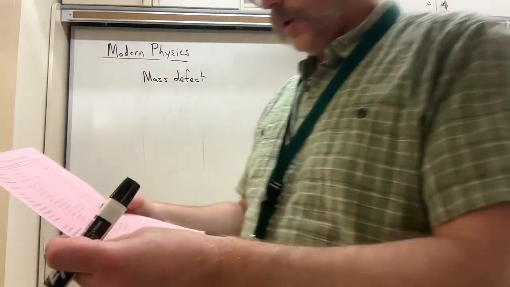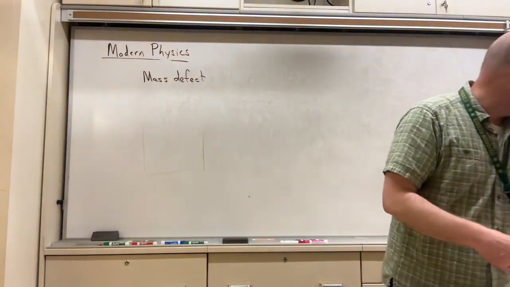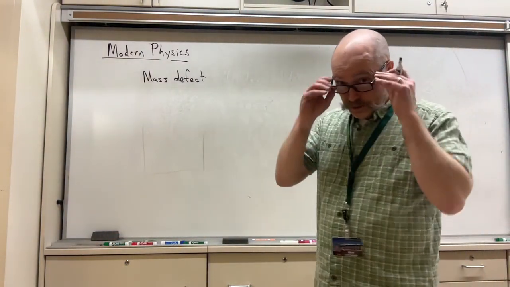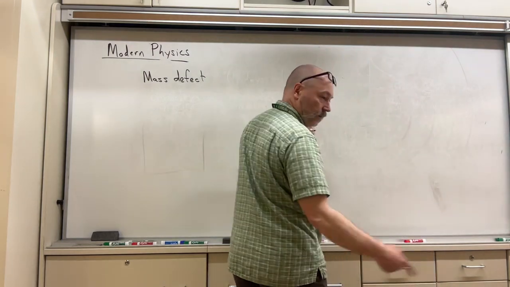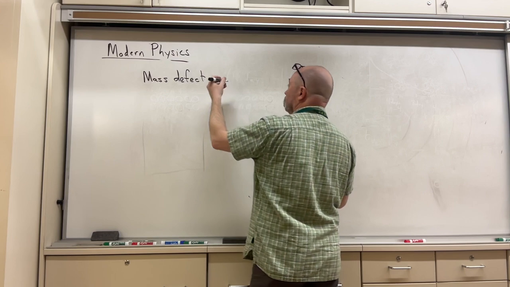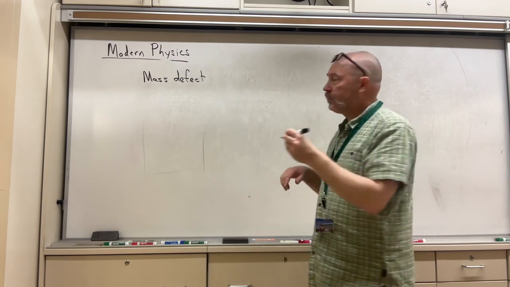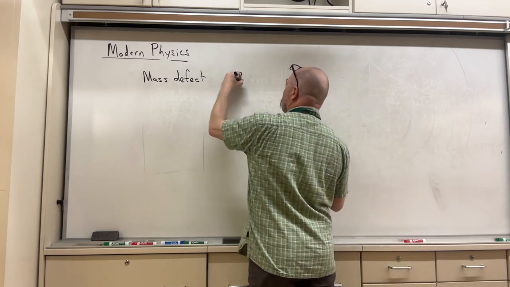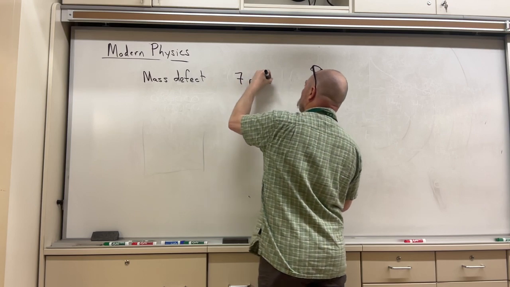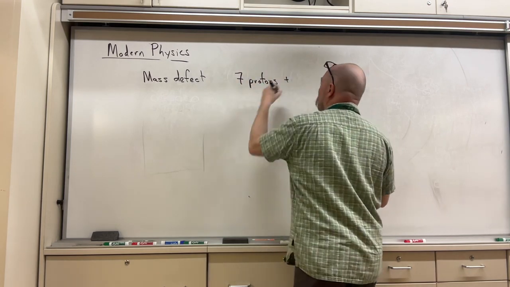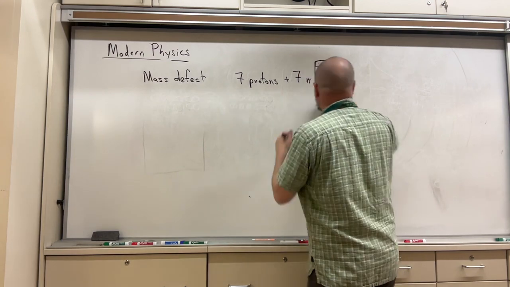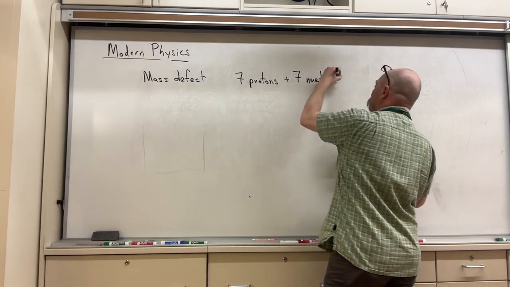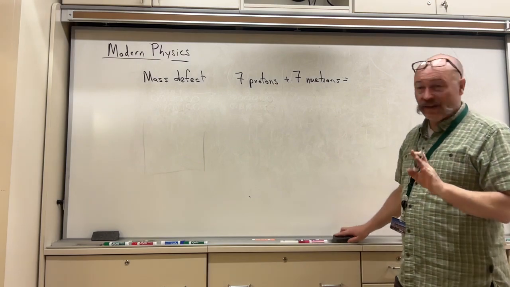It's on your constant sheet here. If you were to look up each individual one and add them up, say, I think it was 7 and 7, so if I took 7 protons and added the mass of 7 neutrons, you could figure out what that adds up to be.